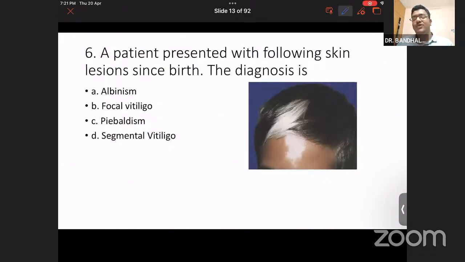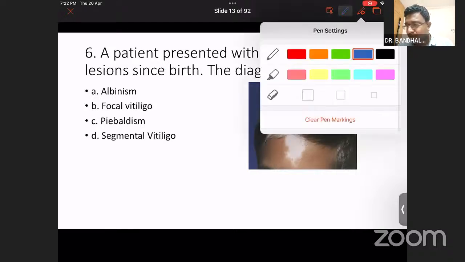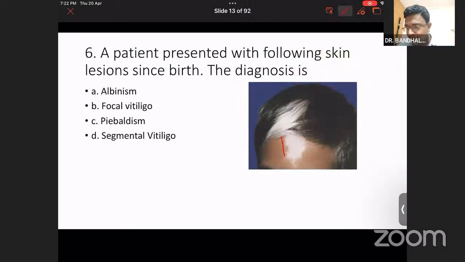A patient presented with following skin lesions since birth. The diagnosis is option A albinism, option B focal vitiligo, option C piebaldism, option D segmental vitiligo. Here the image is given. If you see the image, it is an image of a child with the forehead and scalp is given. Here, if you make out, there is a depigmented macule in the midline along with the white forelock.